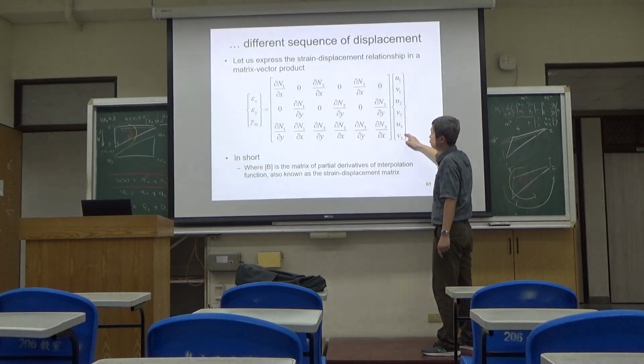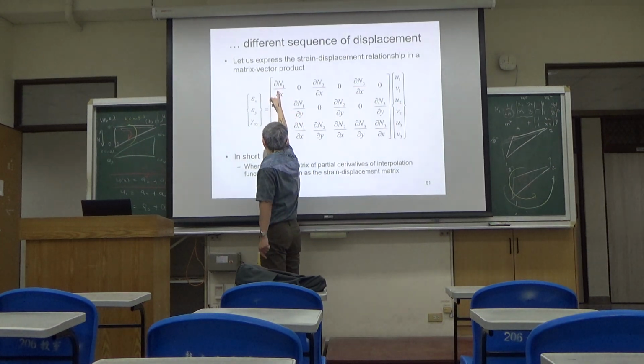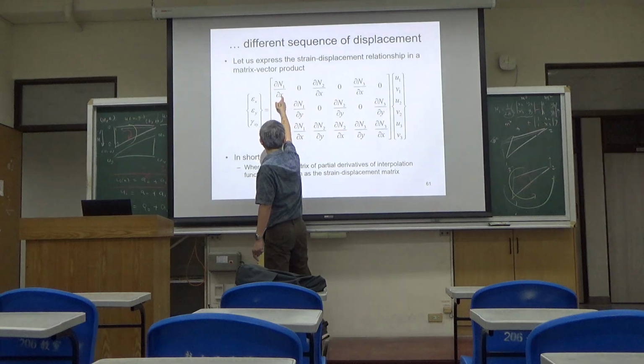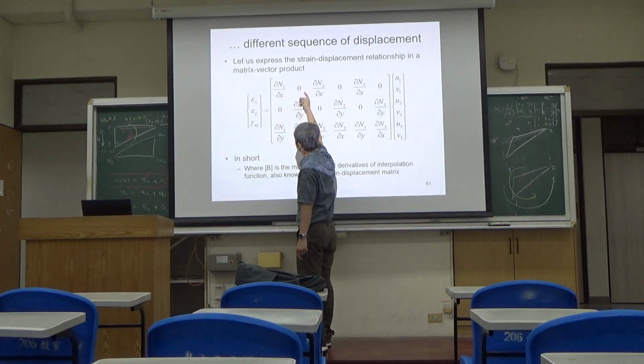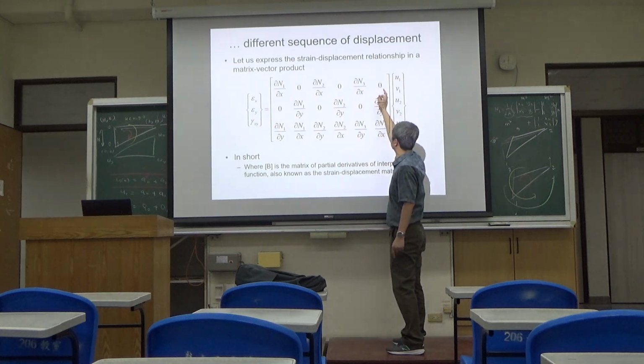In that case, the B matrix will be shape function 1 derivative followed by 0, shape function 2 derivative followed by 0, shape function 3 derivative followed by 0.